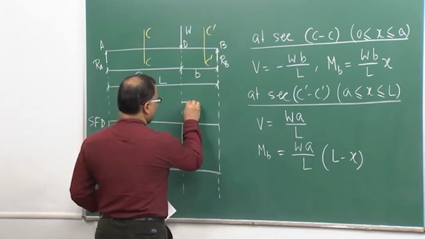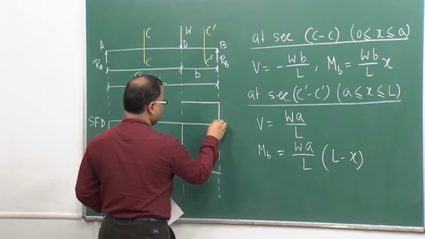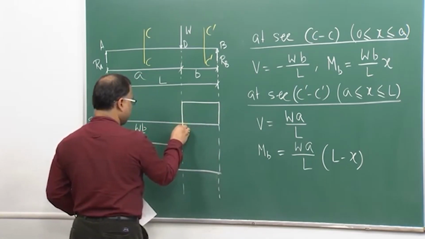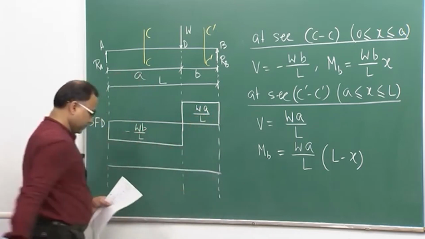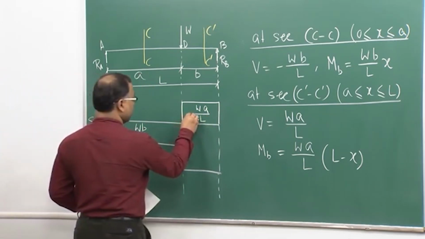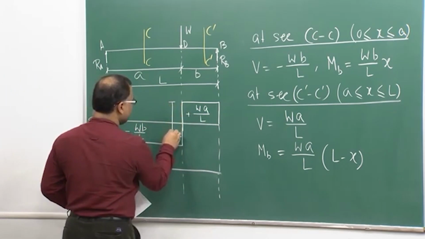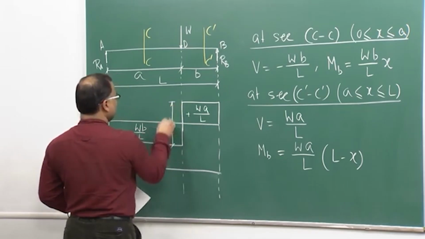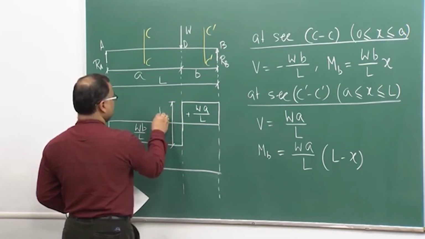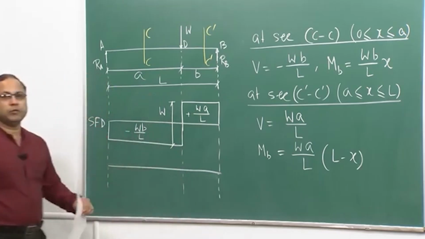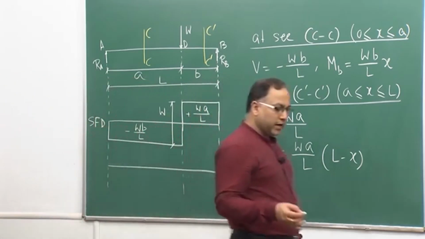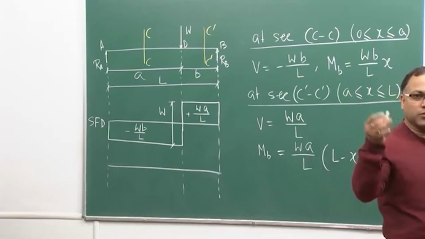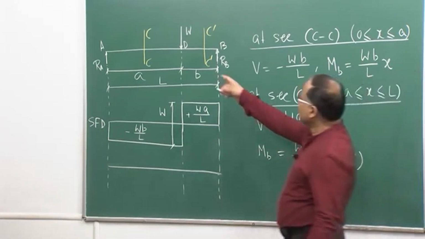So, Wa by L, okay, positive, and this total will be W. You can add it and you can find it, because here you are getting the abrupt jump because of the application of this concentrated force.